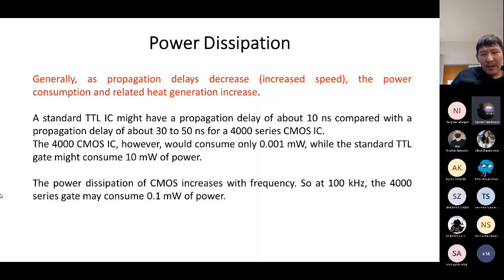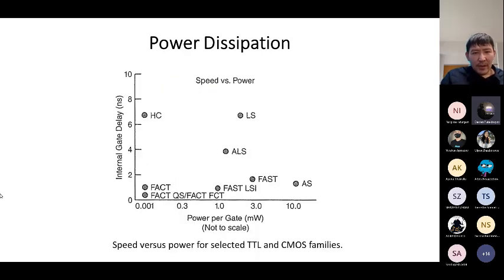We do not need to answer why, but you should just know that when we try to increase speed, power consumption increases, and when we increase the frequency, power consumption also increases. Why it's happening is not the purpose of our course, but you should know it.